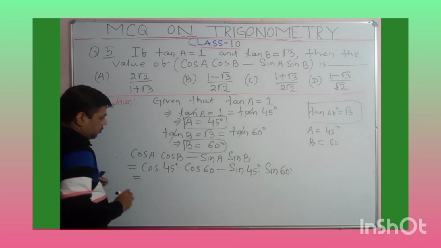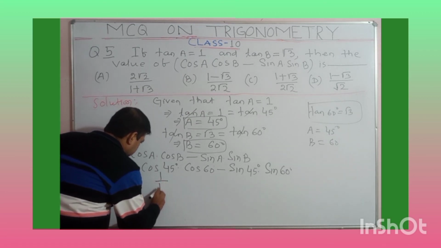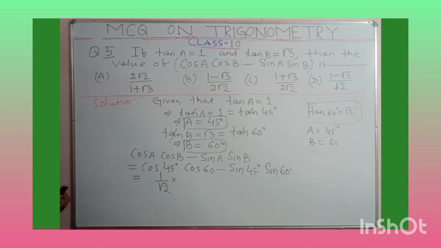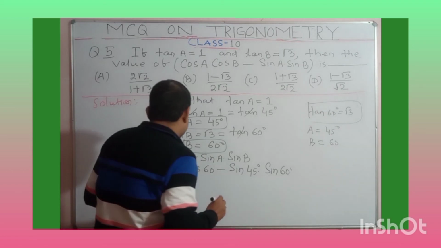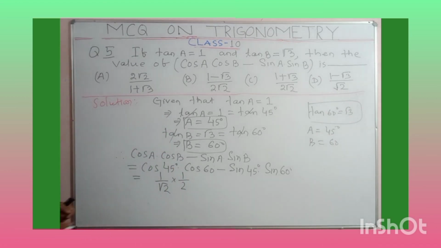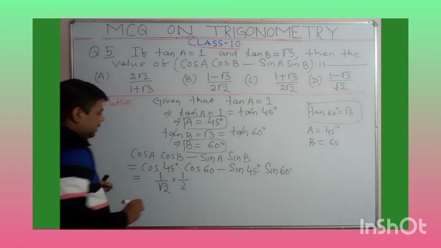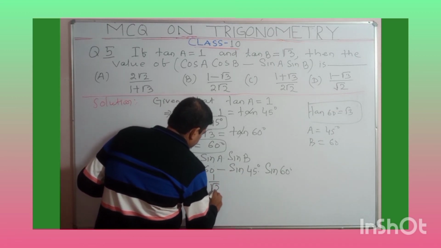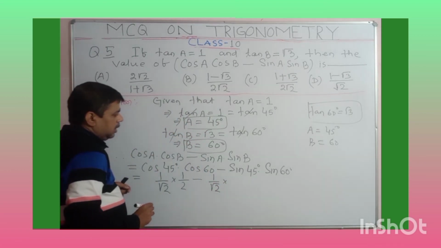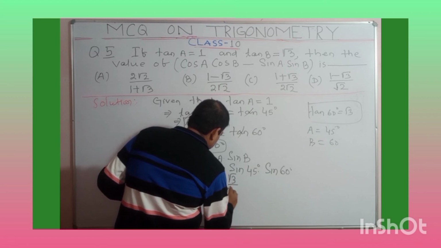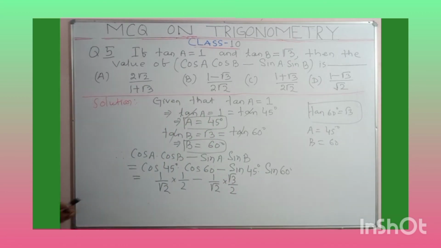Using the formula of cos 45, you all know, 1 upon root 2, into cos 60 degree. What is the value of cos 60 degree? Yes, cos 60 degree is 1 upon 2. Yes or no? Yes. Minus sin 45, 1 upon root 2, into sin 60 degree. What is sin 60 degree? Root 3 upon 2. Yes or no?